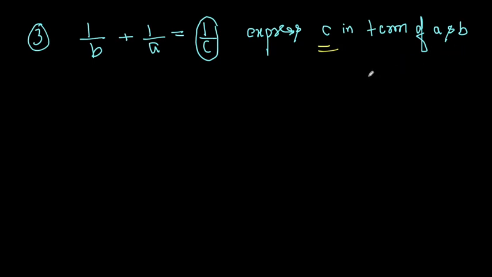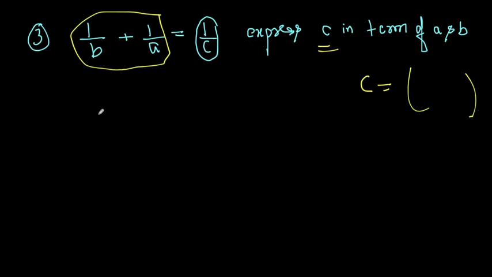So basically we want c is equal to something here. Let's do that. We will try to add them together. If you add them, you will get ab and a plus b. You can check it, it's a simple fraction addition.